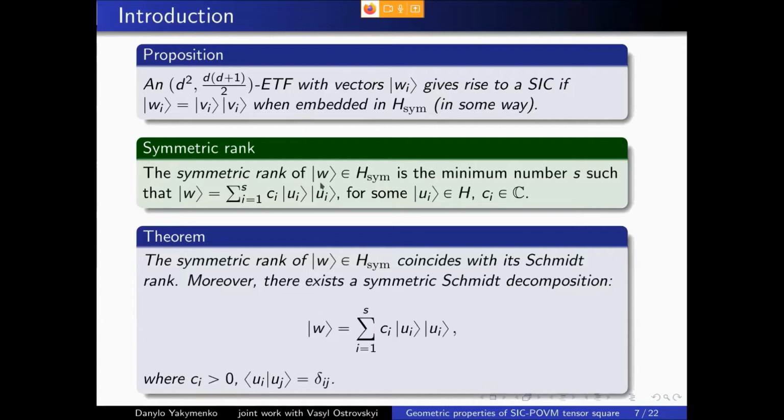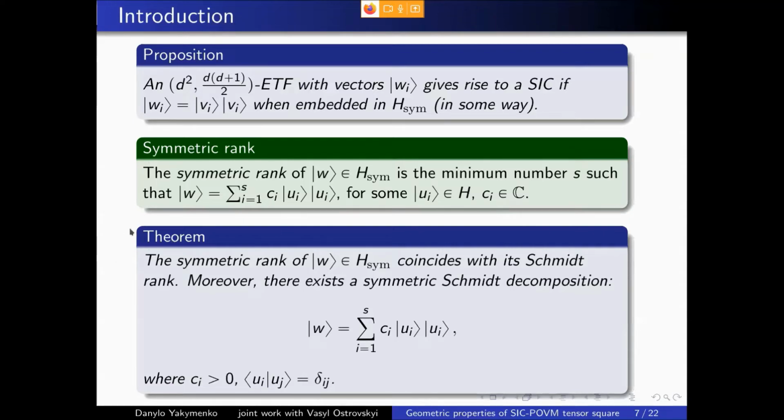Since every symmetric vector is always a linear combination of simple symmetric tensors, right? We define symmetric rank as the minimum number S so that this ket W is a linear combination of just S simple tensors, where those coefficients are just complex numbers, right?